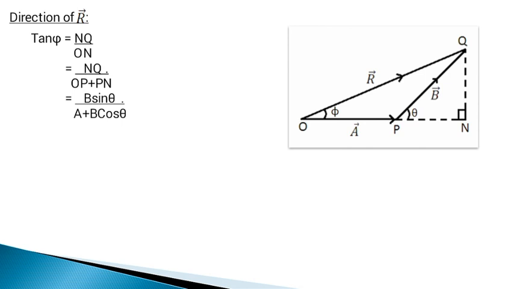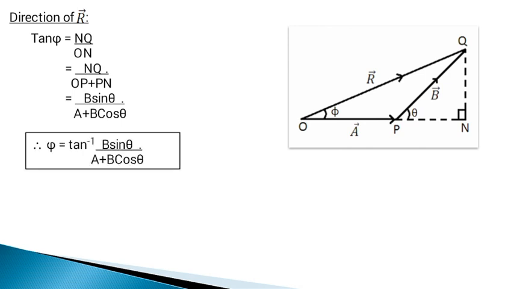From this we obtain phi equals tan inverse B sin theta over A plus B cos theta, which gives the direction of resultant vector R. This is the result that we obtain from triangle law. We obtain both the magnitude and direction of a resultant vector.